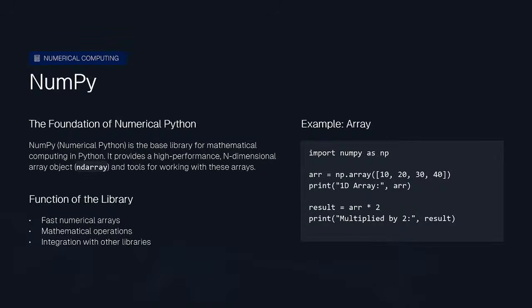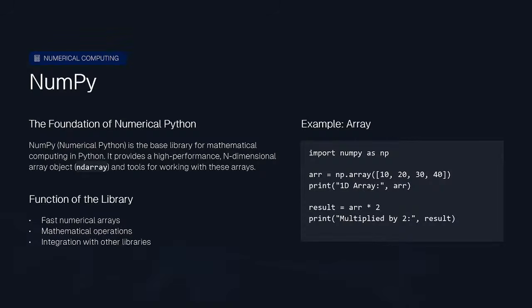Okay, so the first library we'll see today is NumPy. The name NumPy stands for Numerical Python. It is the base library, and it helps us with mathematical operations and arrays.